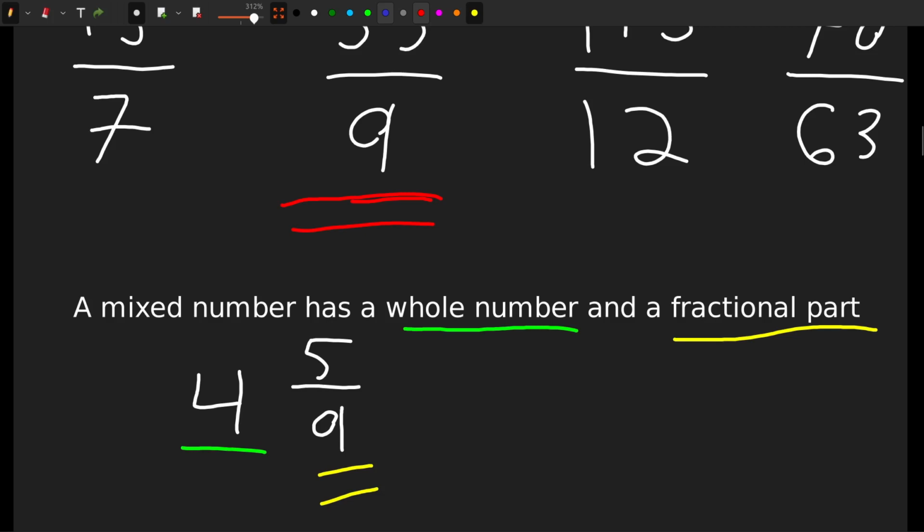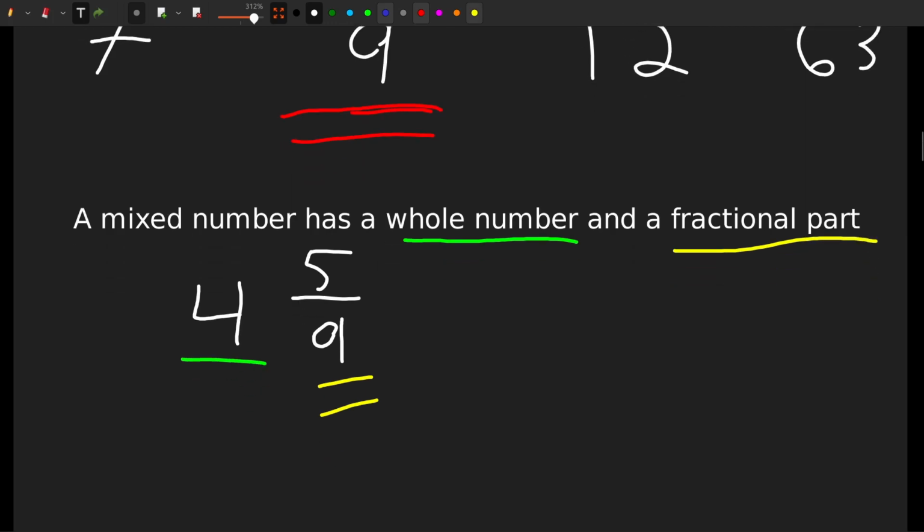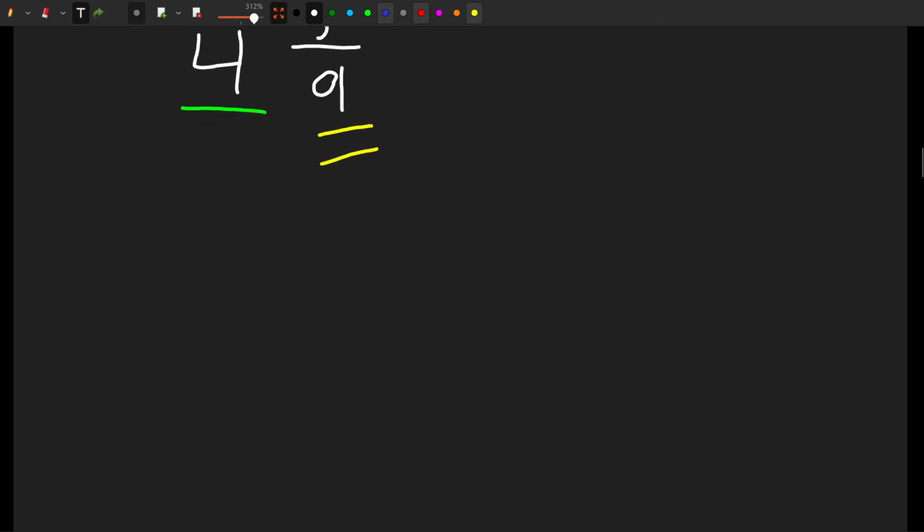And for that, it requires another definition. Or maybe not a definition, but it requires some words.